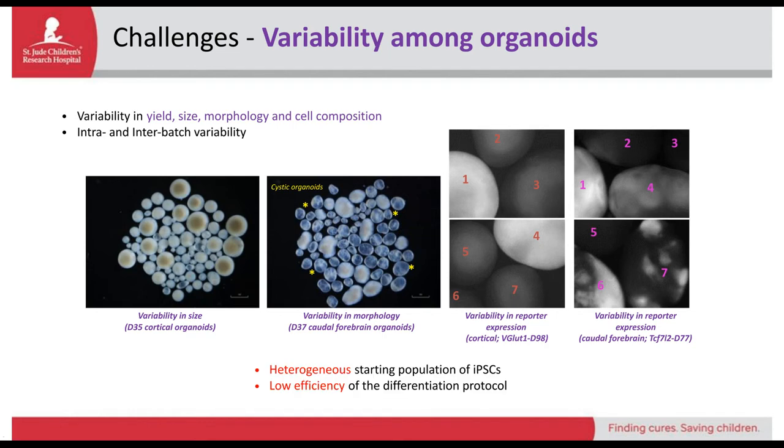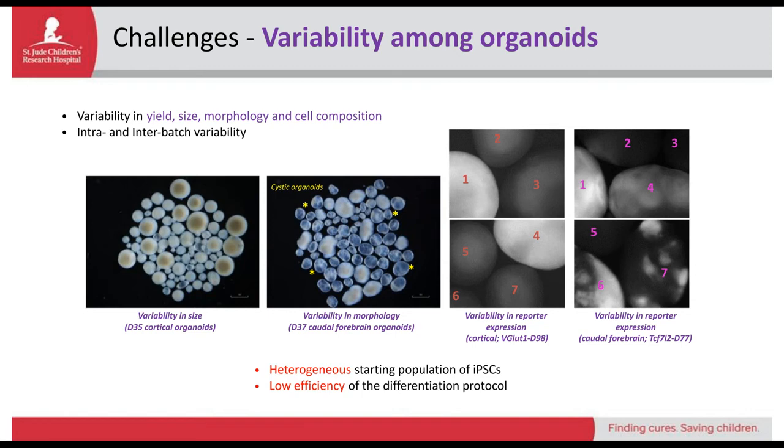There could be many reasons, but the two reasons that we are focusing on resolving in the lab are, first, if you start with a heterogeneous population of iPSCs, already heterogeneous with regard to their genomic abnormalities or their epigenetic profile.